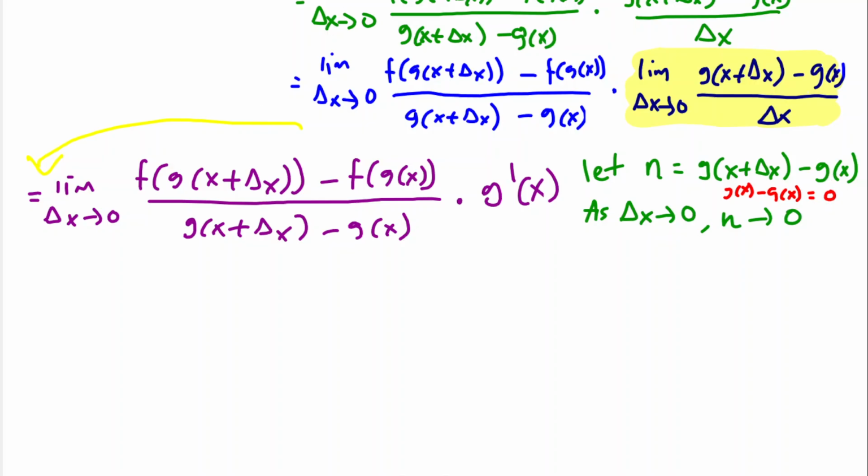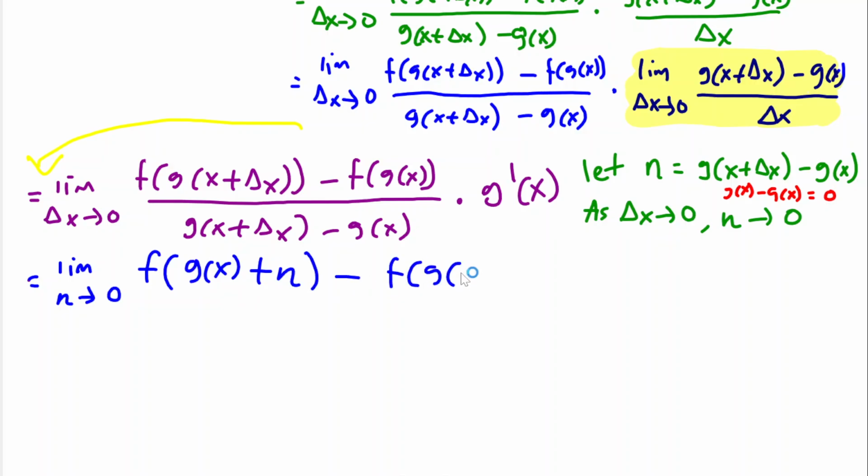Now all we have to do is rewrite stuff. We have the limit as n approaches 0 of f of g of x plus n minus f of g of x all over n.